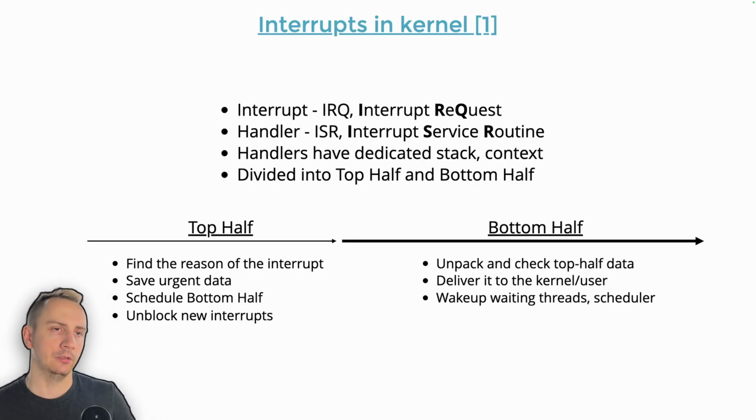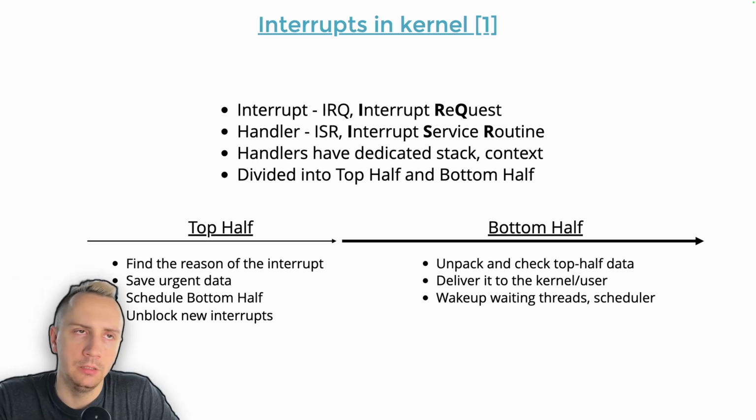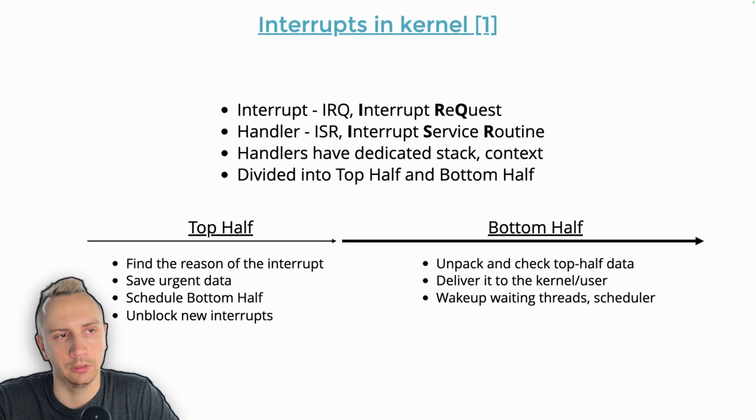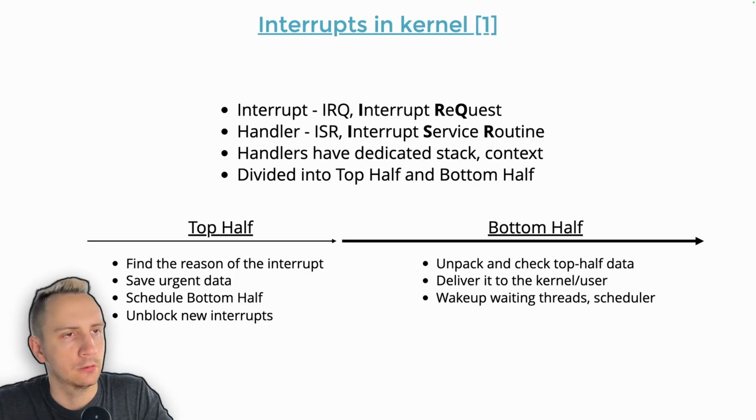Later this thread pool will notice that there is a task posted by the top half, that we need to read some network packet from the main memory and forward it to the user space. And this will be handled outside of the interrupt context and can be handled in parallel by multiple threads, multiple tasks. And this way of handling things with top half and bottom half, like two parts of handling one thing, is not just a kernel specific design pattern, I would say.